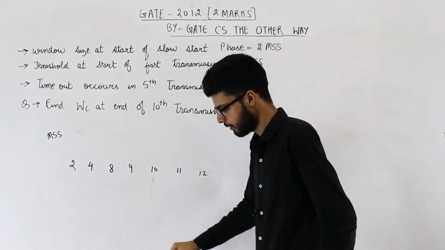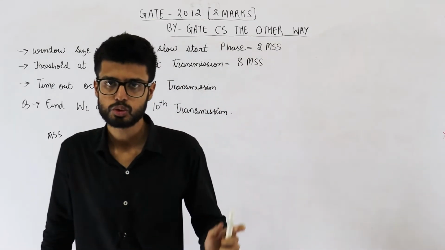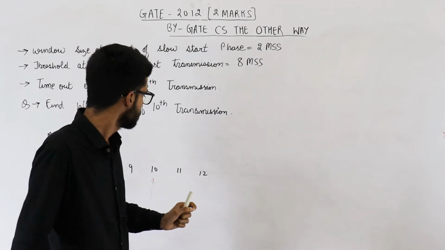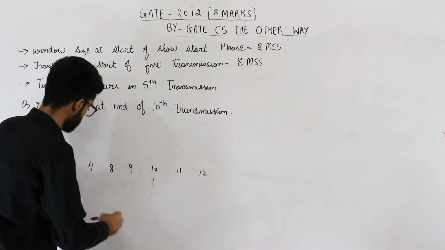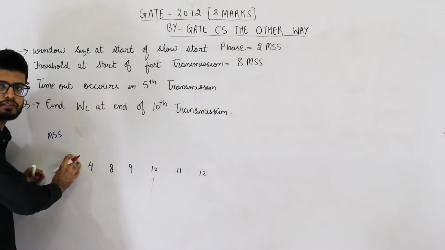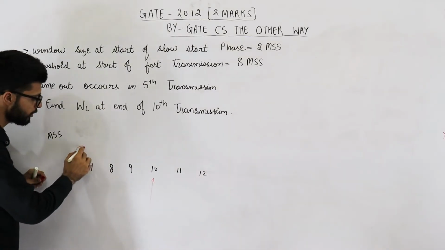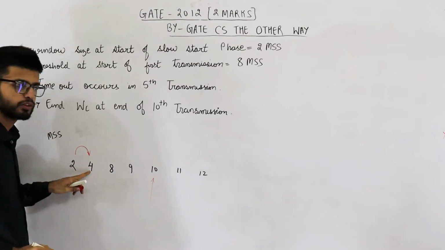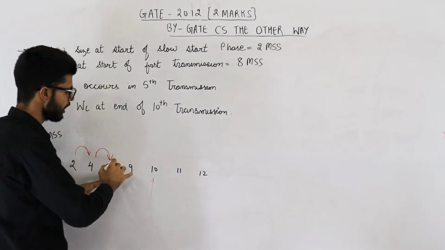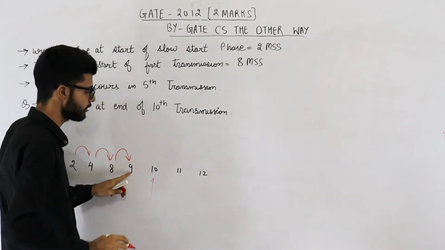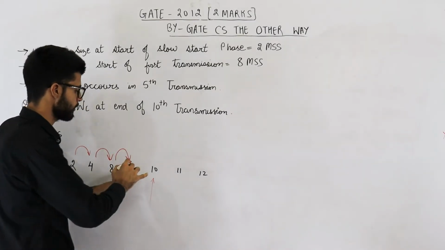See, some of the students get confused with RTTs. They think that timeout has occurred here. See, initially the value is 2. After 1 RTT, value becomes 4. After 2 RTTs, value becomes 8. After 3 RTTs, the value becomes 9.